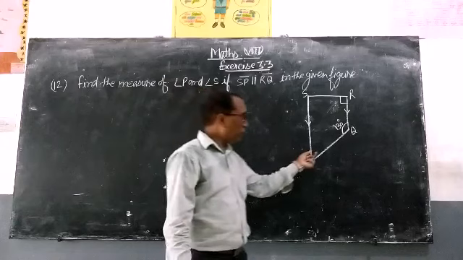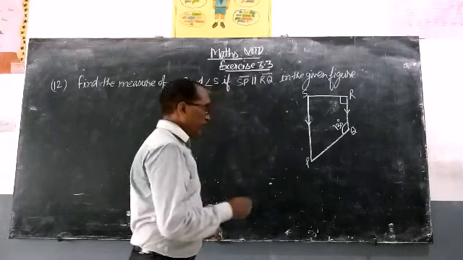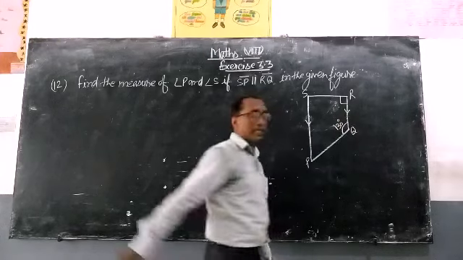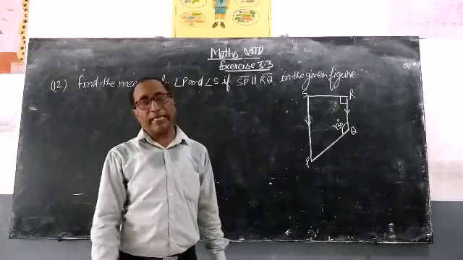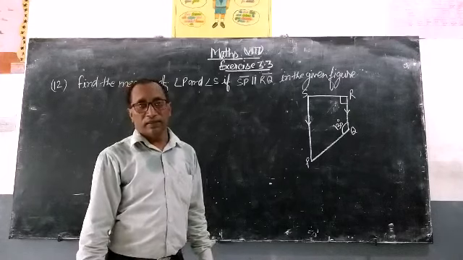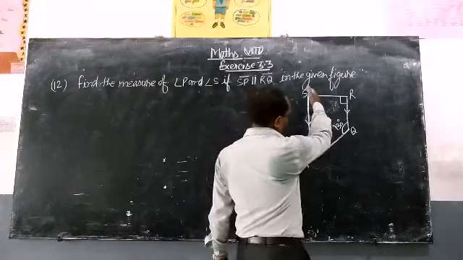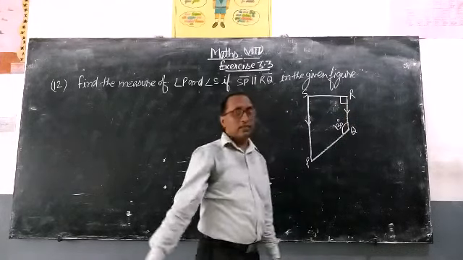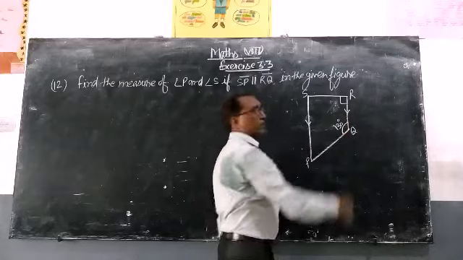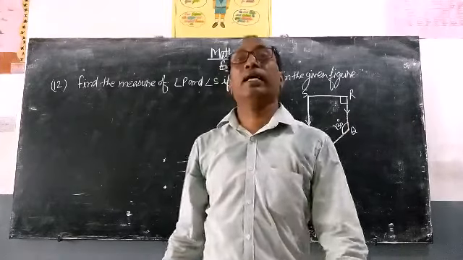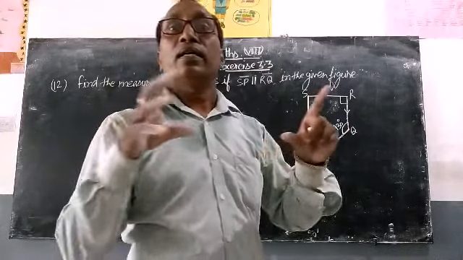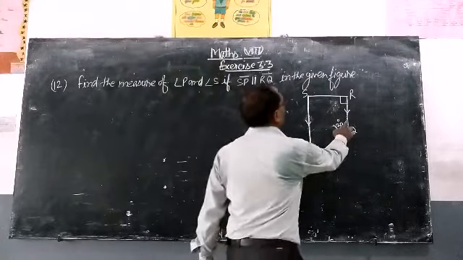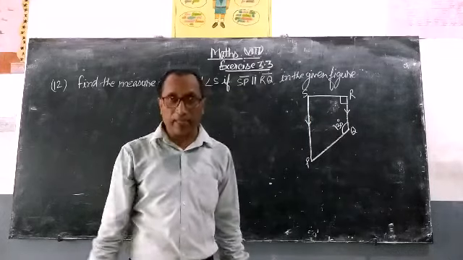First, you find the value of P. For this, you write angle P plus angle Q is equal to 180 degrees. When a transversal cuts parallel lines, the sum of co-interior angles is 180 degrees. Means co-interior angles are supplementary.